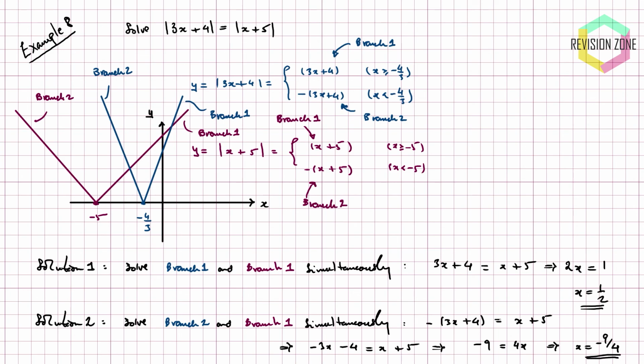Let's do a quick sort of sanity check. So we look at this and we say, well, what is this valid for? Right? And we can sort of come back and we can say, well, we know we took branch 1 and we took branch 1. So it's actually valid for x being bigger than -4/3 and x being bigger than -5. So let's write that down. So it's valid for x being bigger than or equal to -4/3 and x being bigger than or equal to -5, right?